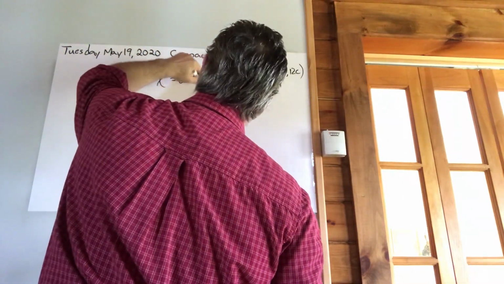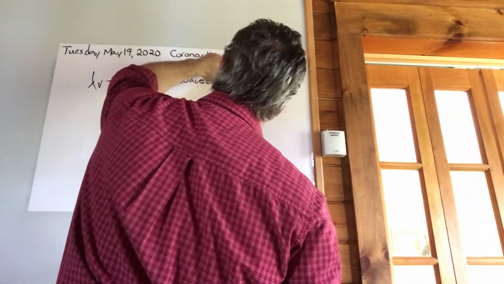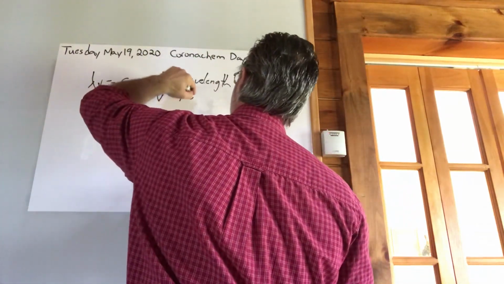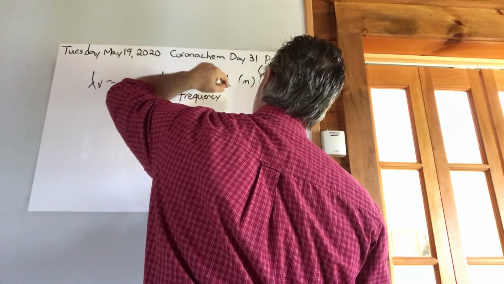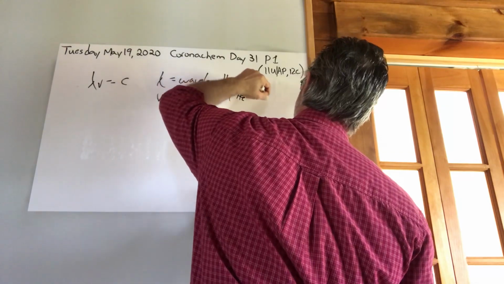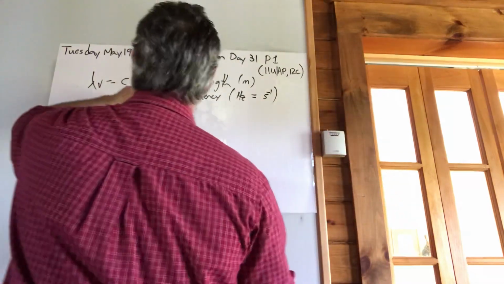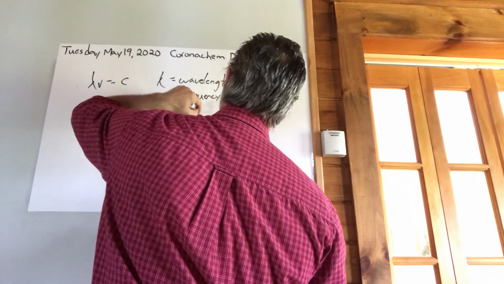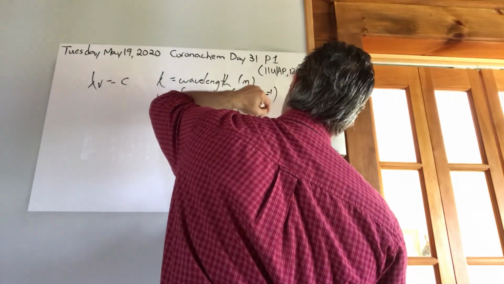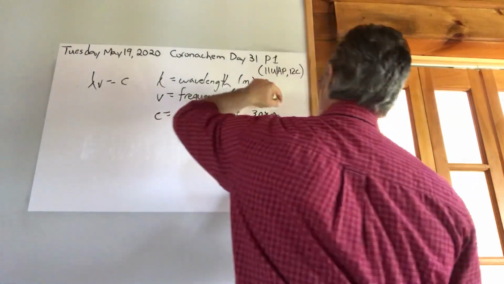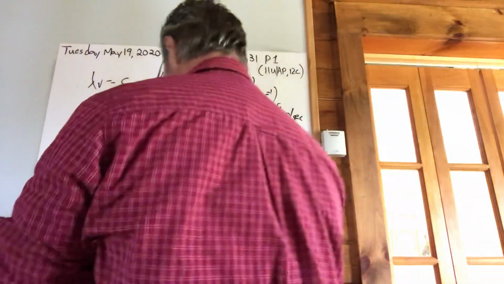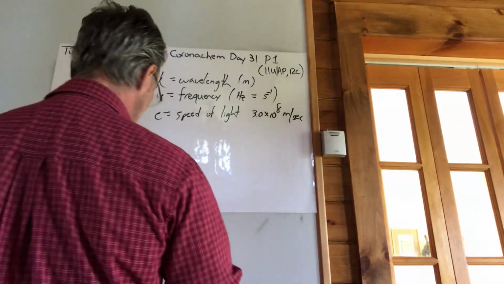Lambda equals the wavelength of light in meters. Nu is the frequency of light in hertz, which has units of seconds to the -1, and c is the speed of light, which is 3.0 times 10 to the 8 meters per second.